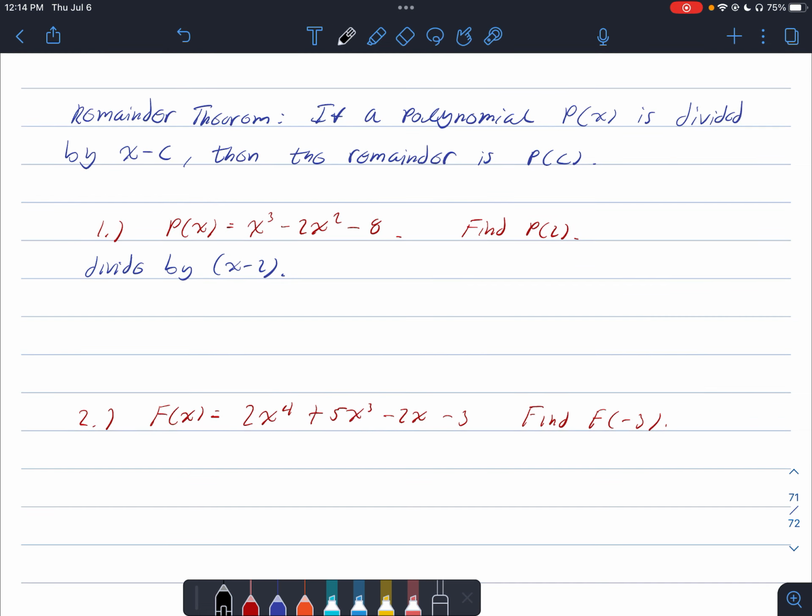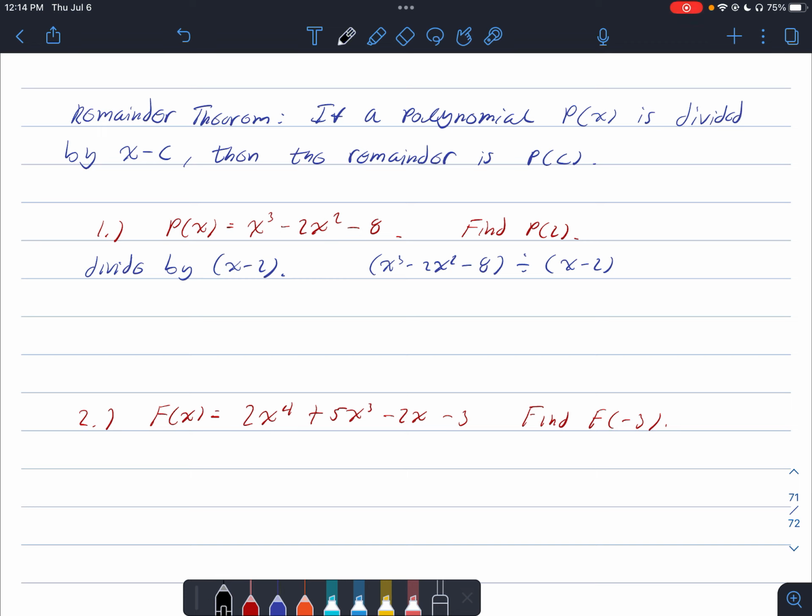If we divide x to the third minus 2x squared minus 8 by x minus 2, whatever our remainder is, according to the remainder theorem, is going to be the value of our polynomial at that point. Remember, if you're doing synthetic division, you want it to be in the form x minus r. It already is. So our r value is going to be 2.